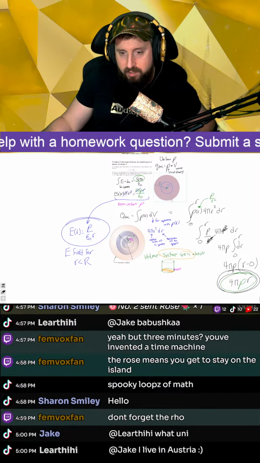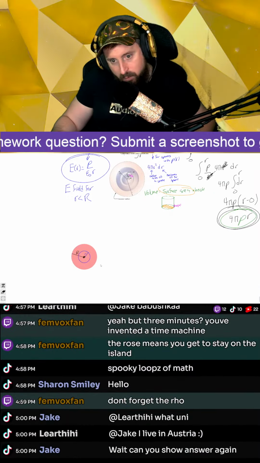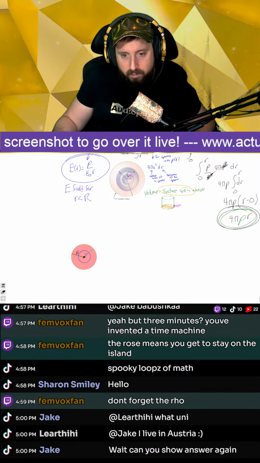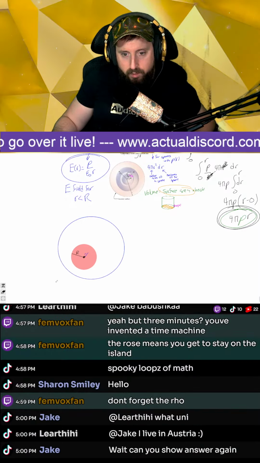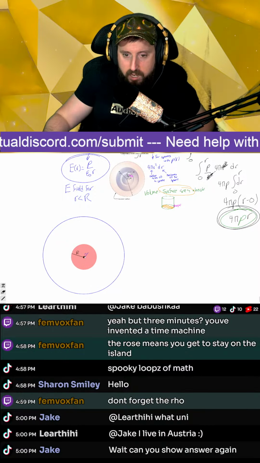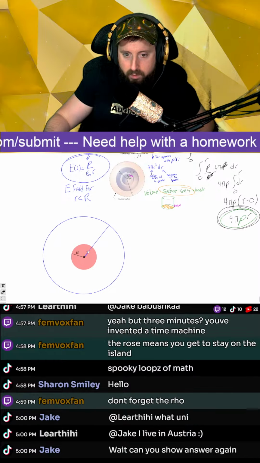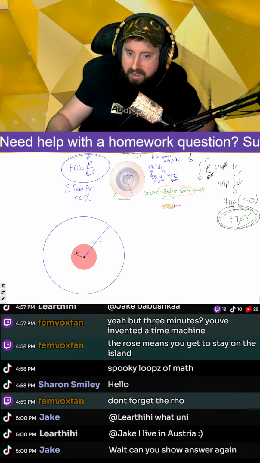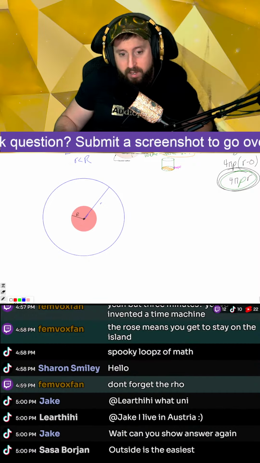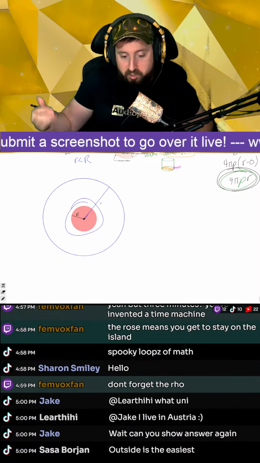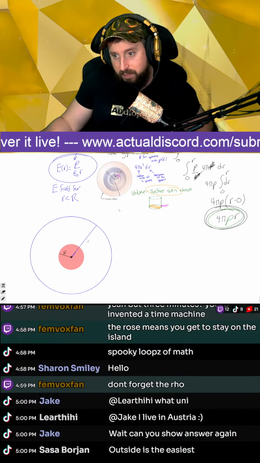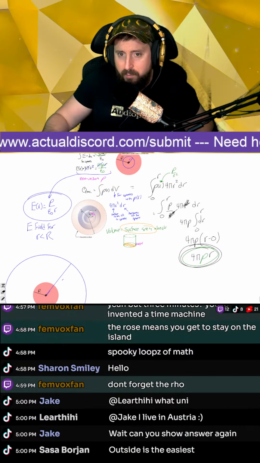Well, outside is actually kind of easy, right? Because if I'm outside of the sphere with my Gaussian surface, now my Q enclosed is not changing. As I go further and further out away from the charged sphere, I don't enclose more charge. My charge enclosed is just the total charge on this thing.